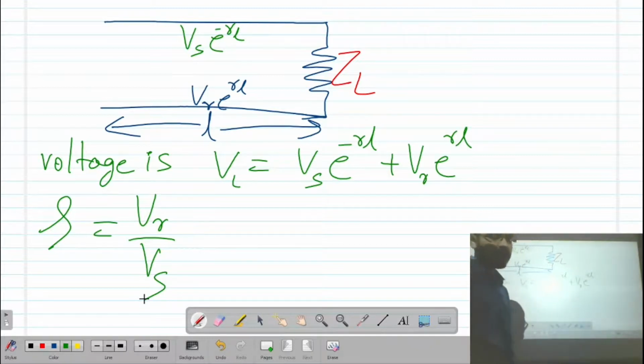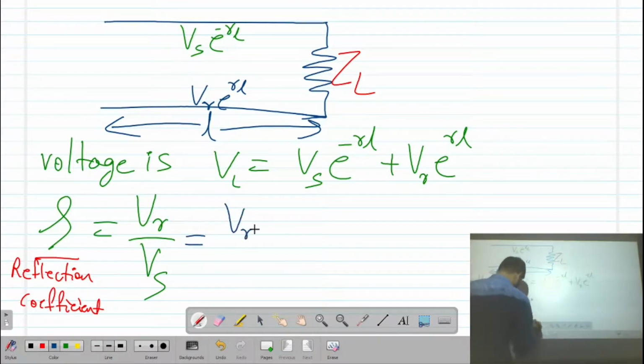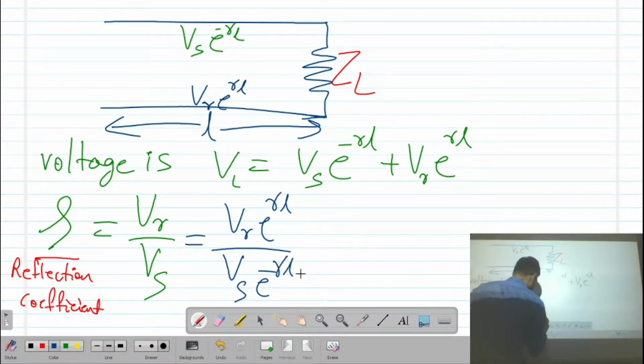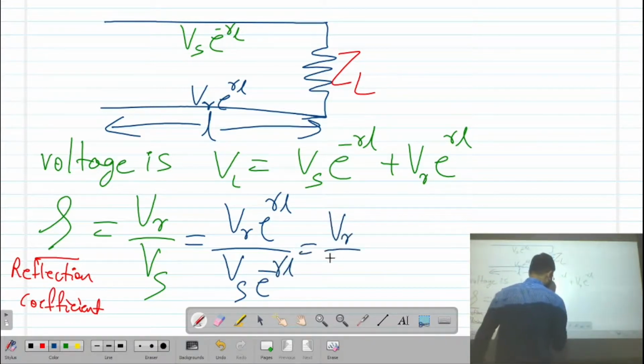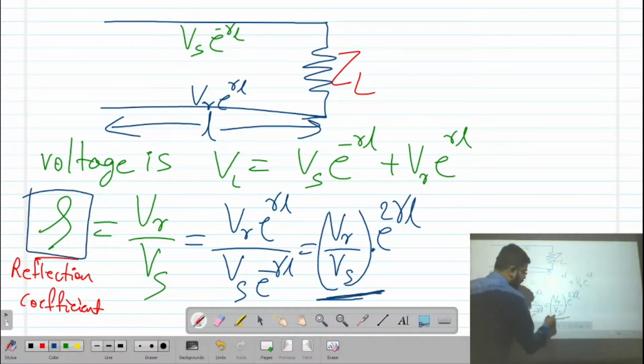By its definition, we know that reflection coefficient rho is equal to Vr e raised to gamma L divided by Vs e raised to minus gamma L, which is equal to Vr by Vs into e raised to 2 gamma L. This is nothing but the relation of rho with respect to Vs and Vr.